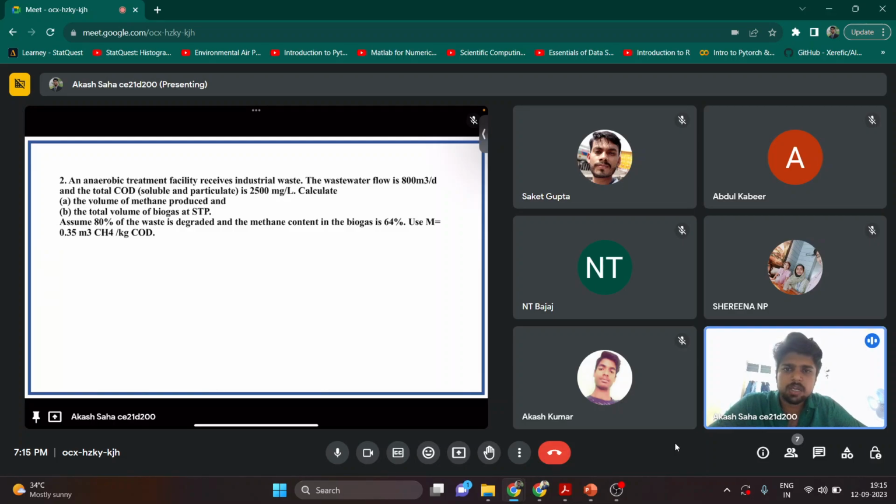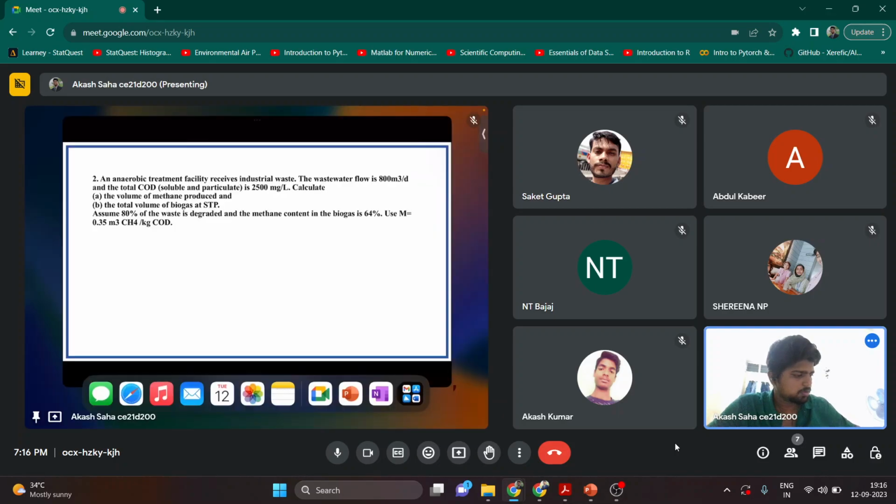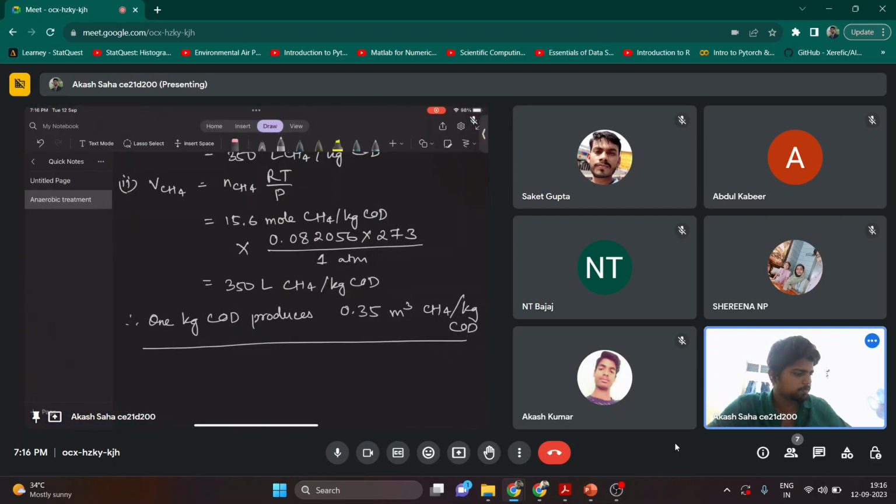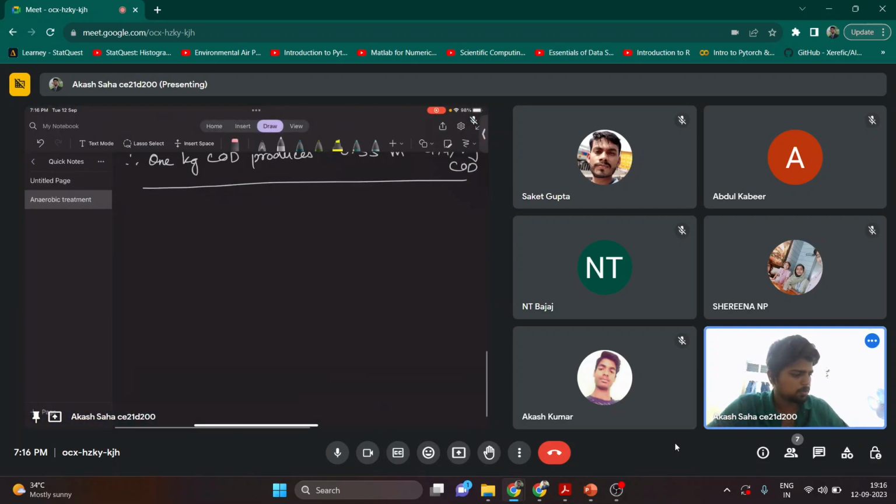So we have the flow rate value, we have the COD value, we know how much is getting converted, and also the methane conversion factor per kg of COD. I hope you have taken a screenshot or noted down the question. So this is question number 2.